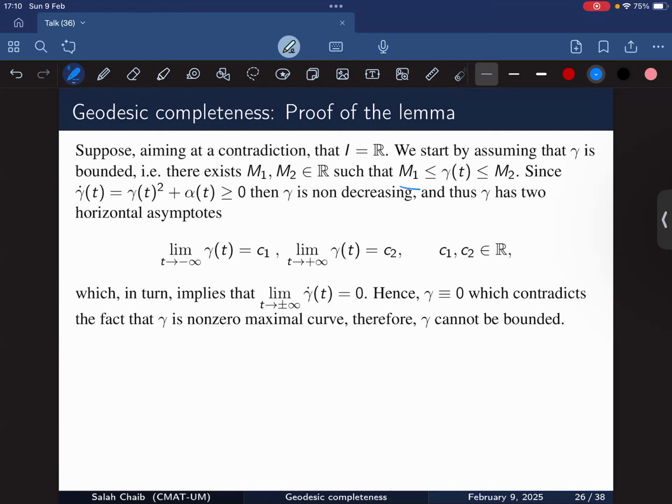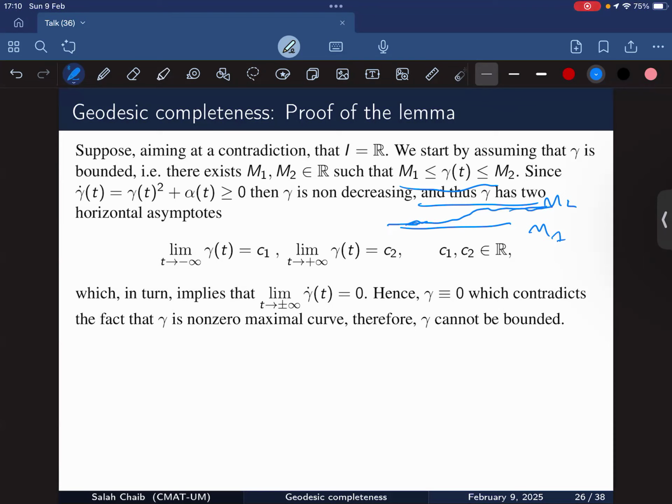So for example, gamma is between some m1 and some m2. Okay, and since the gamma dot is positive, gamma is non-decreasing. So it's something like this between m1 and m2, and it must have two horizontal asymptotes at m1 and m2.